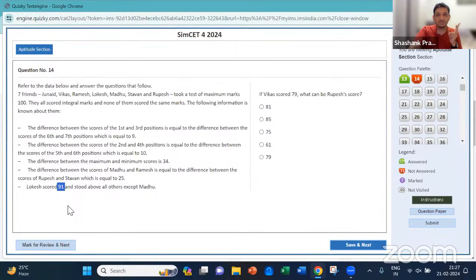Between 91 and 81, I think 85. Again, I'm thinking Rupesh is third for sure. If Ramesh scored 70, so Madhu has to be 95. So Madhu is 95, 95, 91, something, 81, 70.